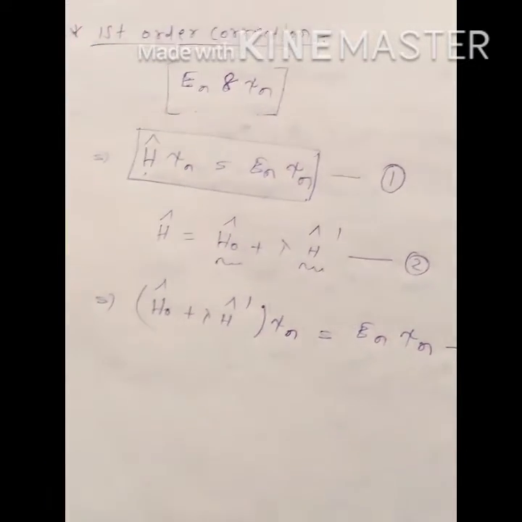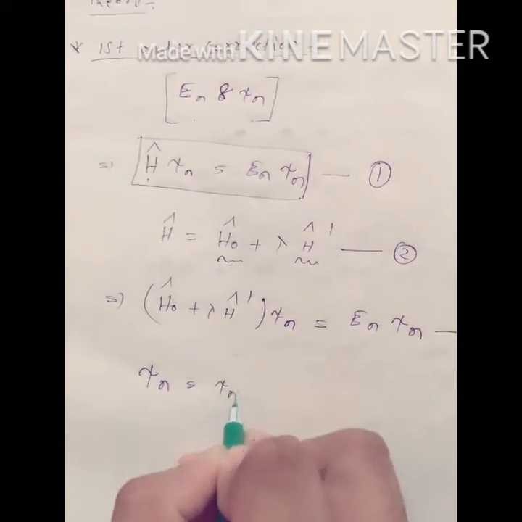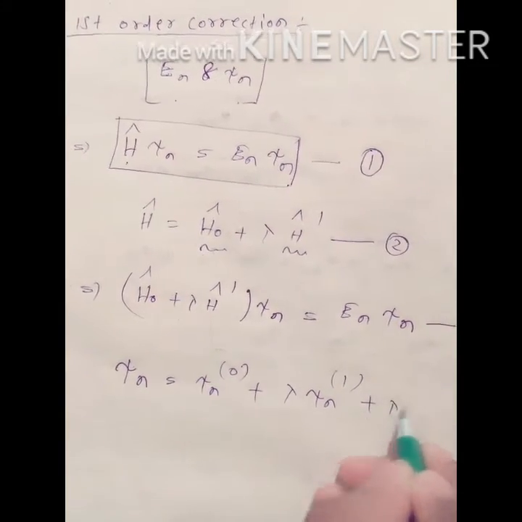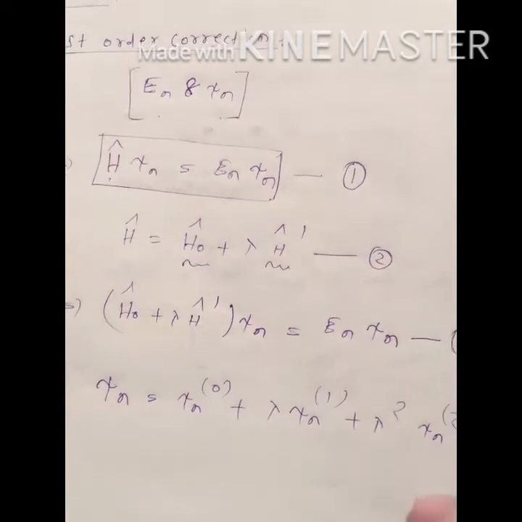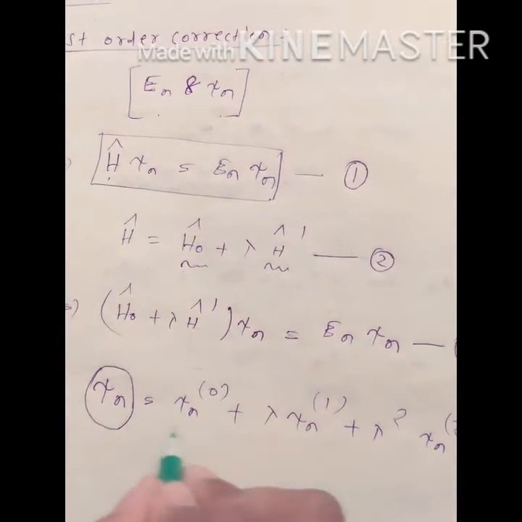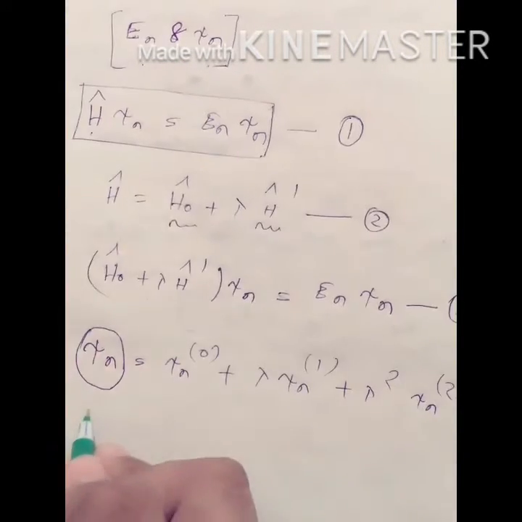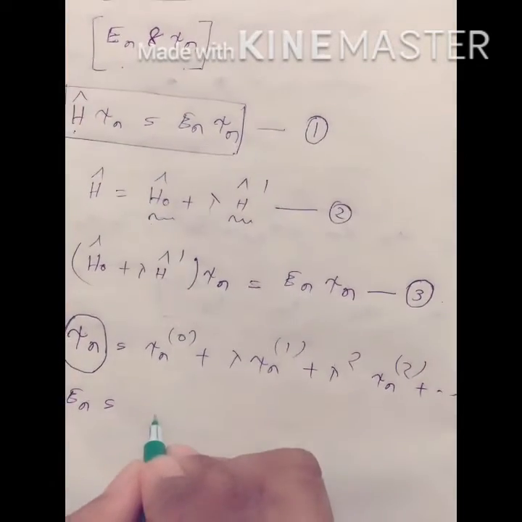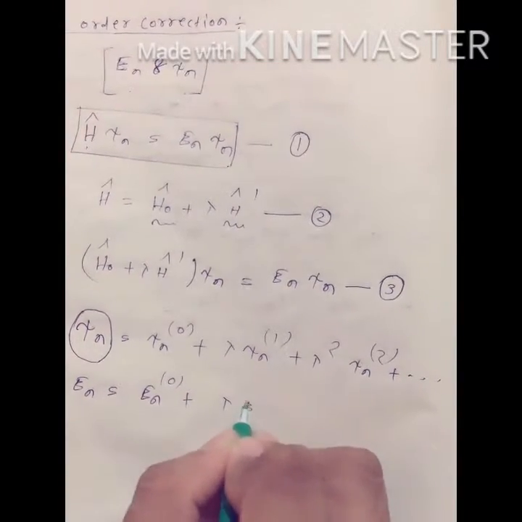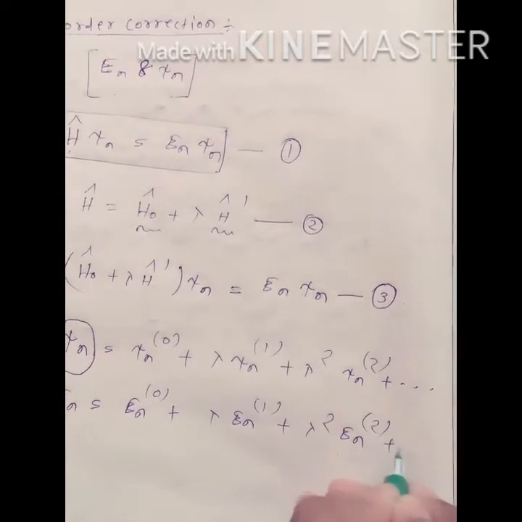We can write the eigenstate psi n as psi n0 plus lambda psi n1 plus lambda square psi n2, like that. We can write the eigenfunction as a power series of lambda. It is convenient to write the power series, and similarly we can write En as En0 plus lambda En1 plus lambda square En2.